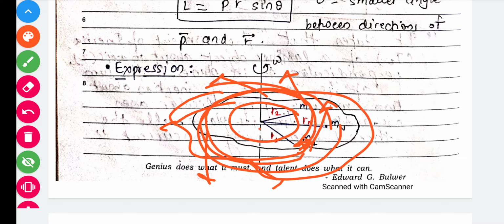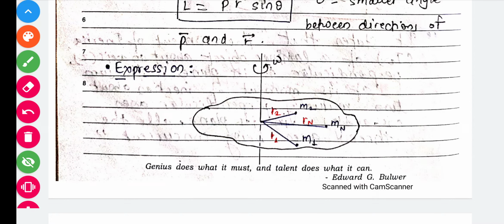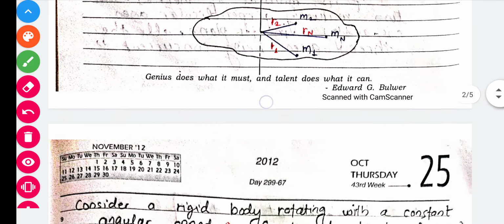At every position, all the particles have different linear speeds, and the direction of linear speed is always along the tangent. This may be considered as the radius, and this is the tangent. So this is the direction of linear speed.